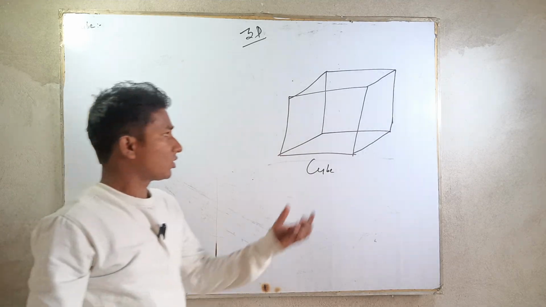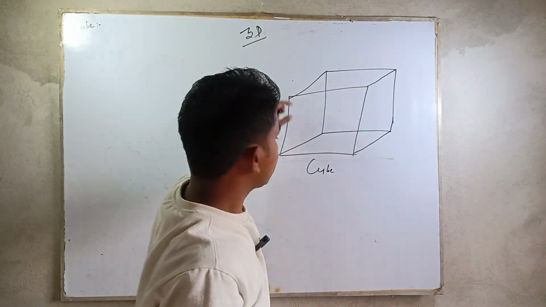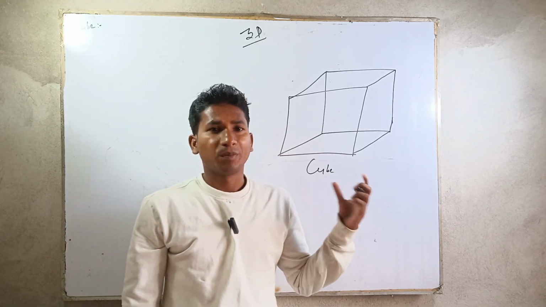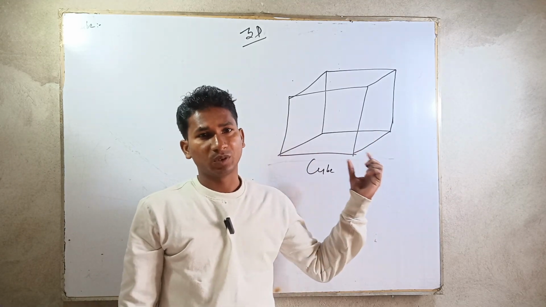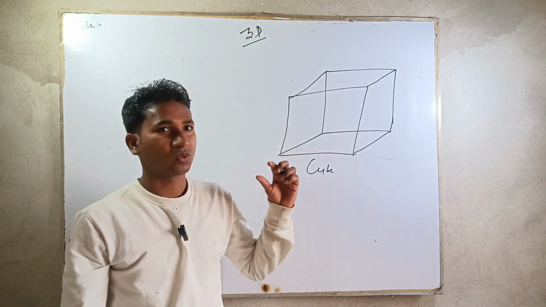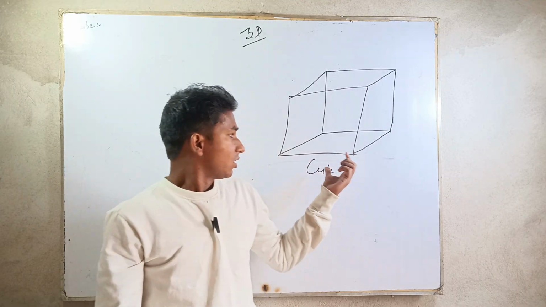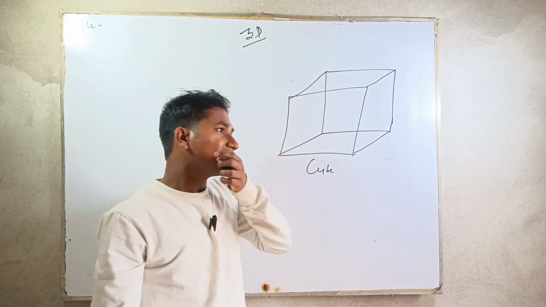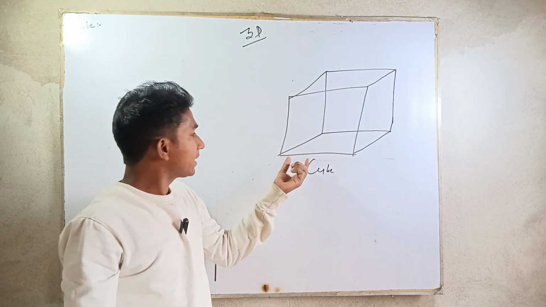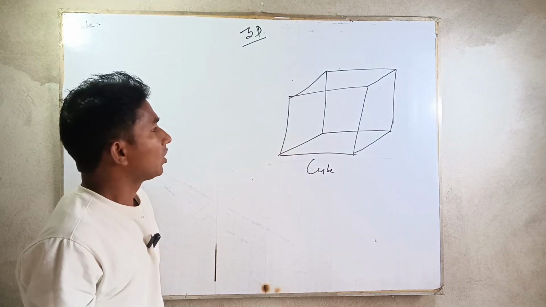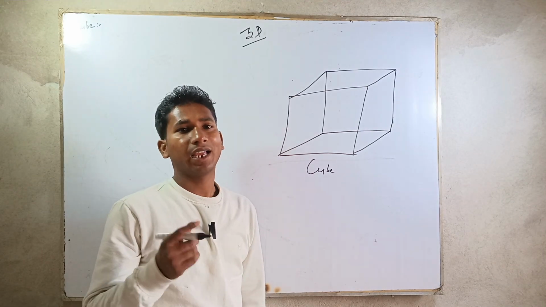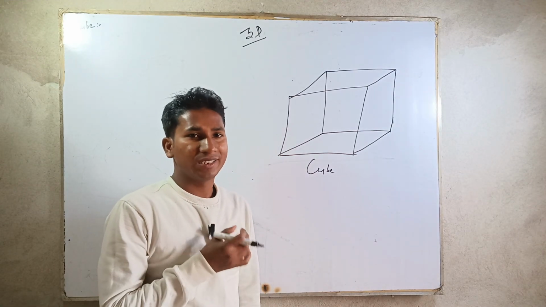So what is a cube? You have seen many shapes like a cube. It is also a shape we can play with in Ludo. In that, this cube is used, in which all length, height, and breadth, each and every face, is equal.